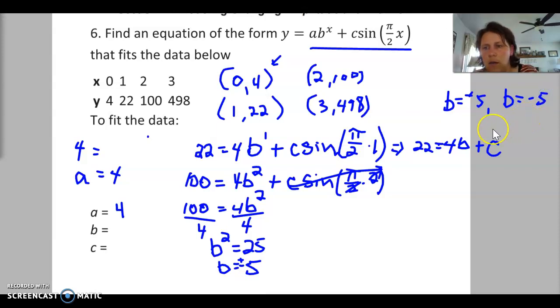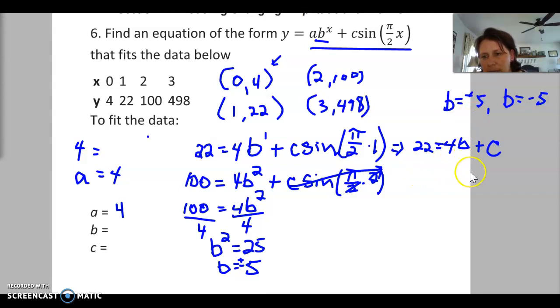If b is negative, that means we are going to have an exponential decay. We can look at the data points that are given, and we can see that that is an exponential growth. So most likely we're going to have a positive b. But let's go ahead and use all of the data points that they give us just to confirm that.